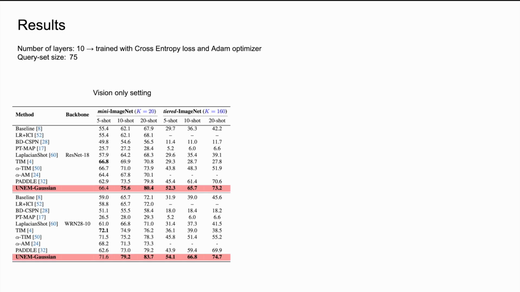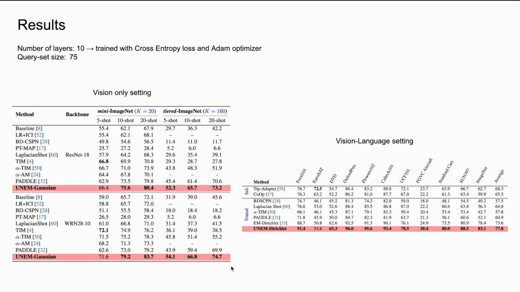We evaluated UNEM in two settings: vision only, assuming a Gaussian prior distribution, and a multimodal setting, where we use CLIP zero-shot probability vectors as input representation, and assume a Dirichlet prior data distribution. In both cases, UNEM outperformed existing methods in the main benchmarks, achieving higher accuracy.